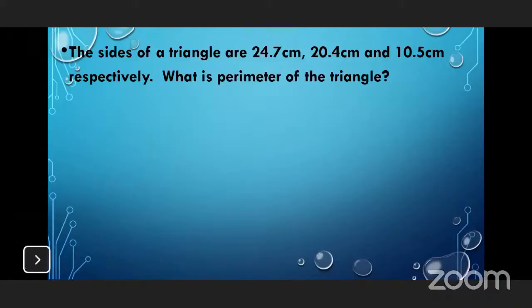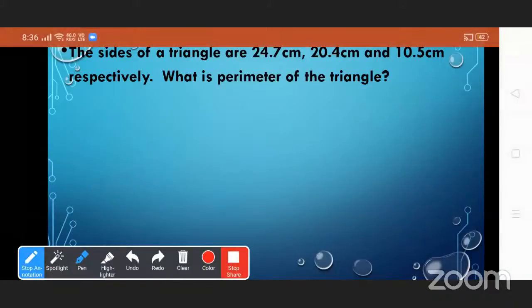So this one is the triangle. Now the sides given: this one is A, this one is B, and this one is C. The length of side A is 24.7 centimeter.